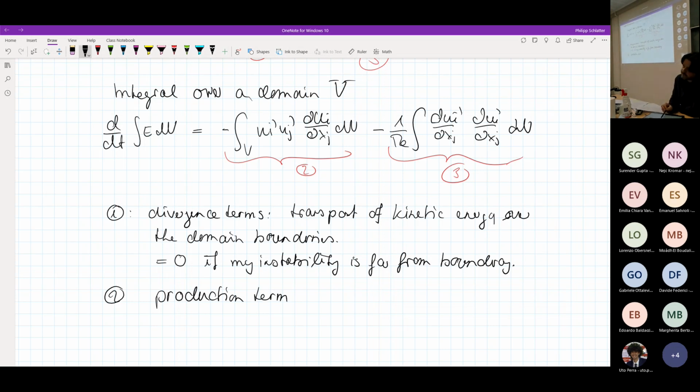It actually produces turbulent kinetic energy by means of the mean flow gradient. So if you have a mean flow gradient, dUi/dxj, then you may get a production of turbulent kinetic energy. We cannot say much more about that term. We don't know whether it's positive or negative, but the only thing we can say is it actually may create turbulent kinetic energy. So it's a production term due to the mean flow or the mean gradients.